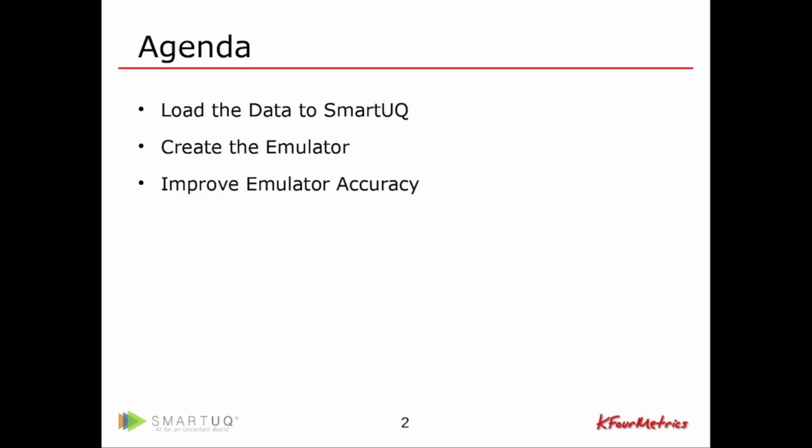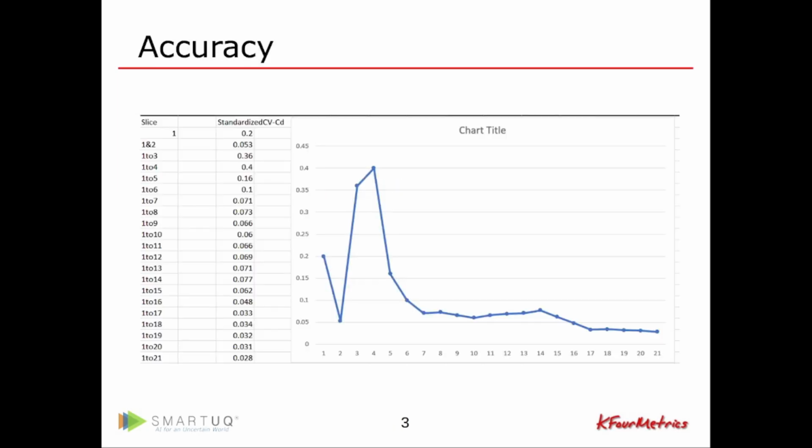So let me shift back to my presentation. Here, first I did slice 1 and slice 1 and 2, which I showed right now. I continued the process and kept adding more slice details and created an emulator for each of them.